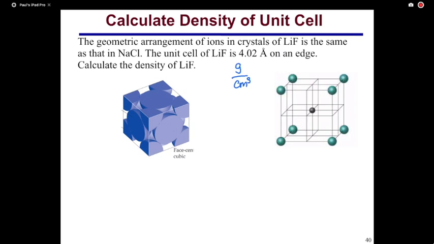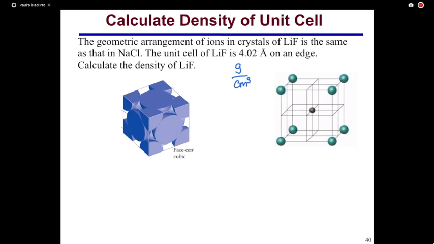Okay. What do I know about these things? What do I know about this cubic or face-centered packing for lithium fluoride? Do I know anything?